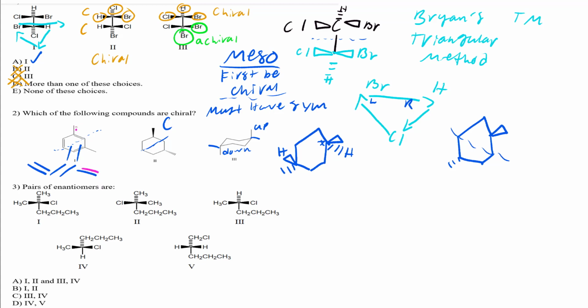So this pink methyl would fold into the blue methyl, and that's cool. But now this group would fold and kind of be adjacent to this methyl or to this double bond. And so that's not very good, right?